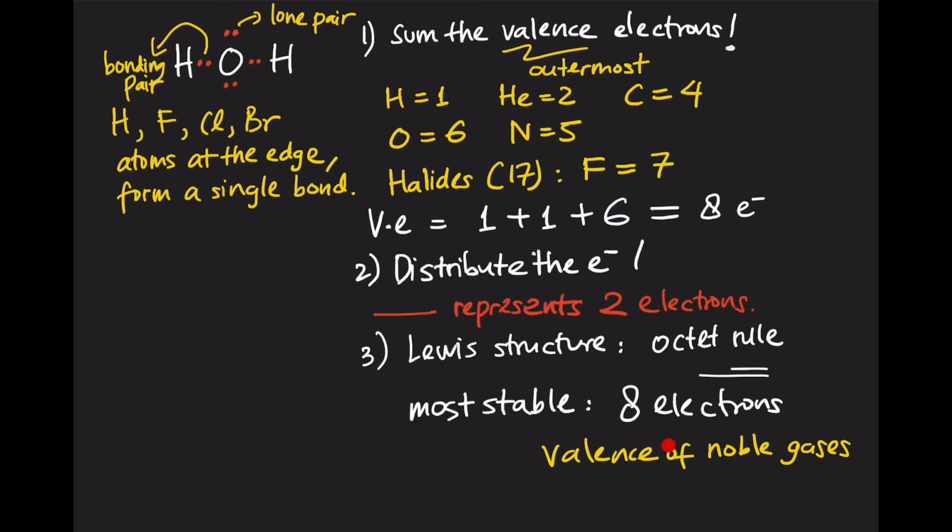Therefore, having 8 electrons makes the other atoms also become more stable. And in this case, we can see that oxygen indeed now has 8 electrons around it. So 1, 2, 3, 4, 5, 6, 7, 8. And in this case, the structure of H2O follows the octet rule. We will see some more examples to practice on to be able to draw the Lewis structures.